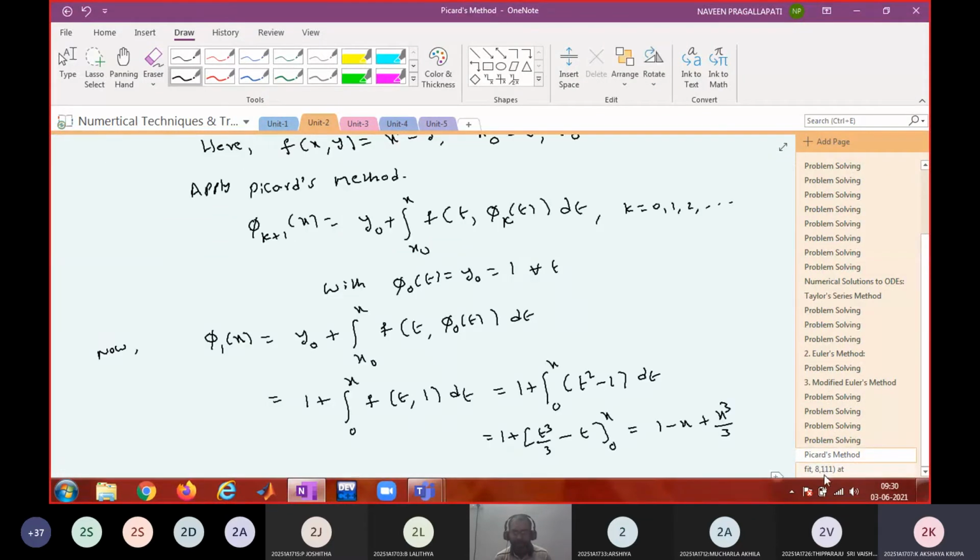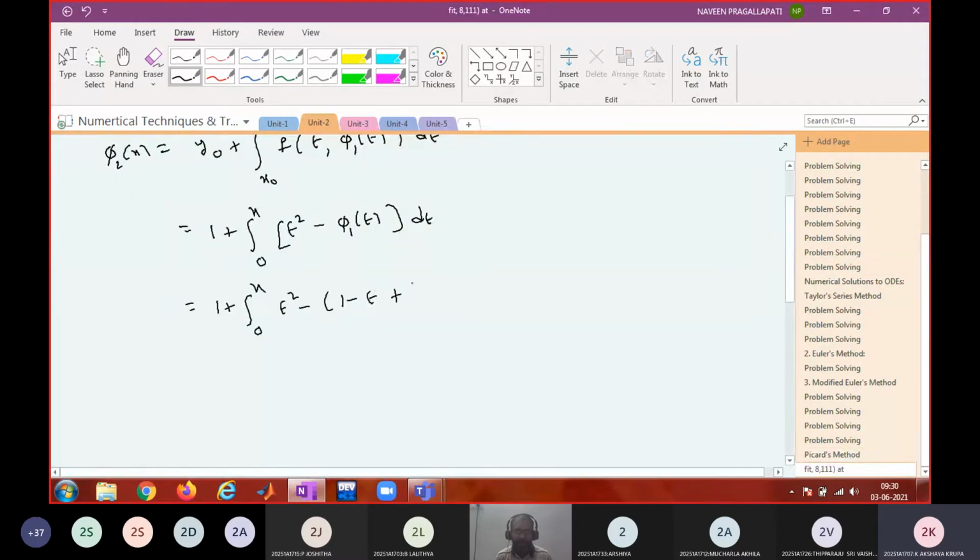This is the important pointer, please remember, because I said several times the limit and the integrand should not be the same variable. So dt. Now you simplify and do simple integration from 0 to x.